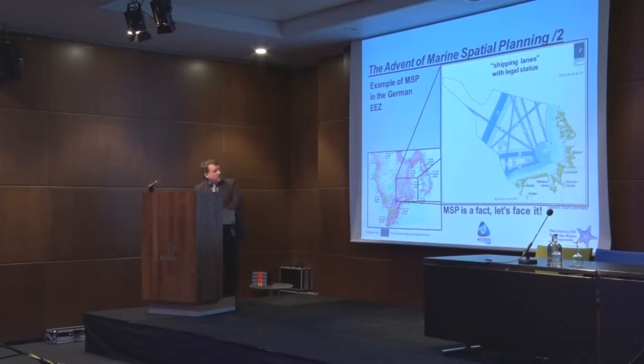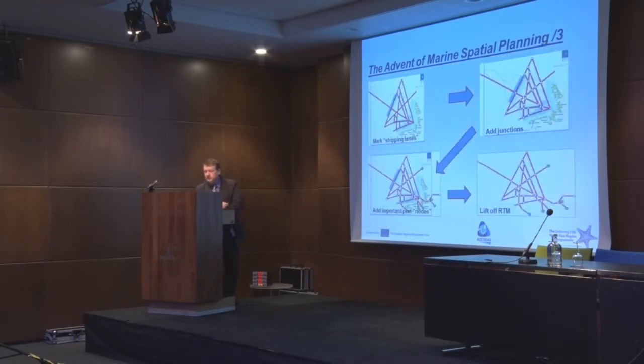Looking into one sea area where we have some legal status already, you see this has been defined in legal terms in Germany for the windmill domain, and what is left of the sea space in the future will be shipping lanes. And they are exactly denoted by coordinates of the corners, and you can retrieve this in some legal documents. So that's the starting point of it, and the statement is marine spatial planning is a fact, let's face it. So how do we do it?